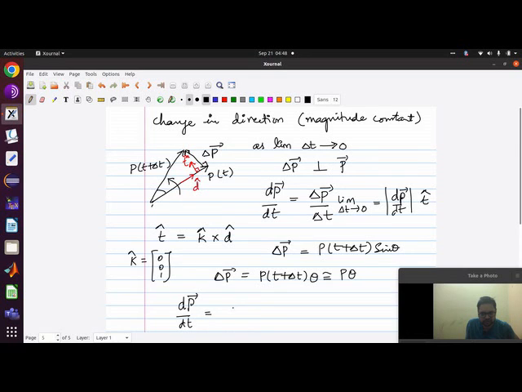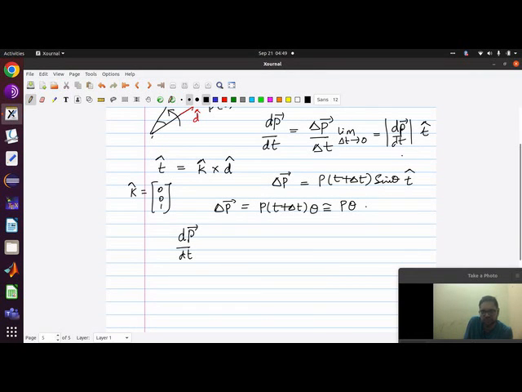So your dP by dt is in the direction of t cap. So this will be the limit as delta t tends to 0 of delta P by delta t, which is P d theta by dt, since P is constant, times t cap. So this is P theta dot t cap.